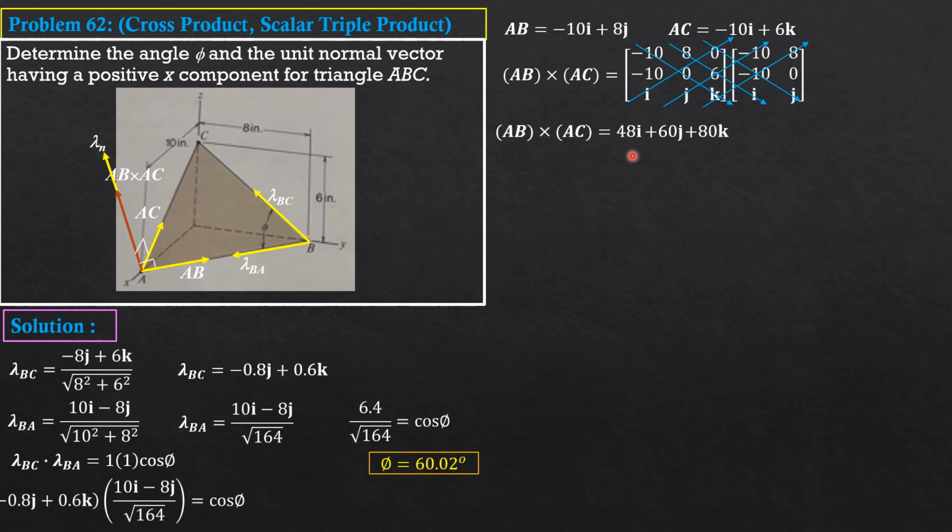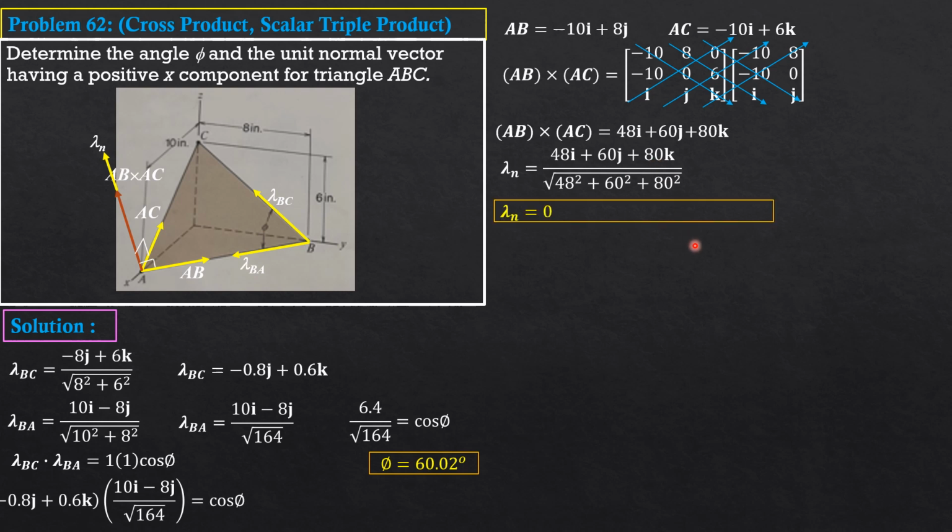So that's AB cross AC. The unit vector is obtained by dividing this by the magnitude. So the normal unit vector is 48i plus 60j plus 80k over square root of 48 squared plus 60 squared plus 80 squared. So the normal unit vector is 0.4279i plus 0.5409j plus 0.7212k.